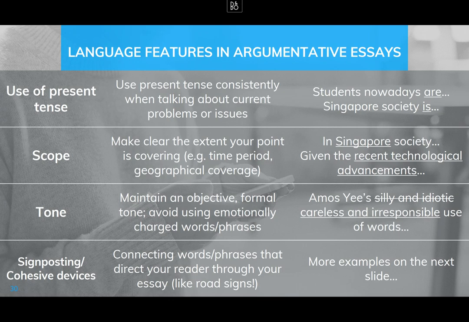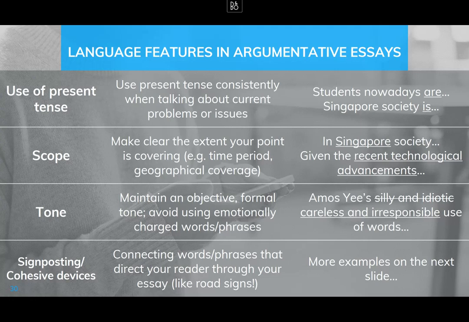Okay, so instead of using words that are overly casual, words that convey too much emotion, which then makes you appear subjective rather than objective, you change the choice of words such that you maintain an objective formal tone.